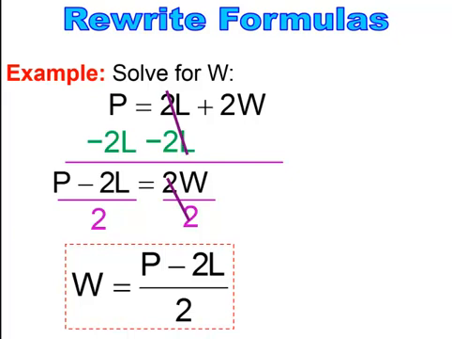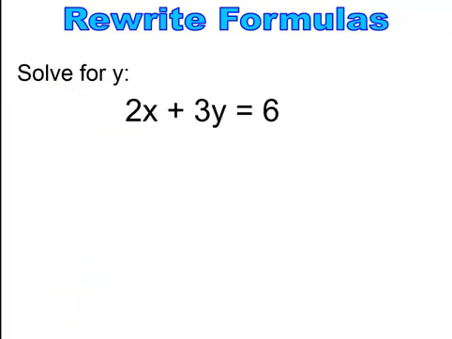You cannot cancel those 2's out because if you cancel them, you will end up with an incorrect formula. The 2 is being divided into whatever number P minus 2L would equal. So you can't cancel out those 2's or you'll have a wrong formula. Be very careful with that. Pause and try.